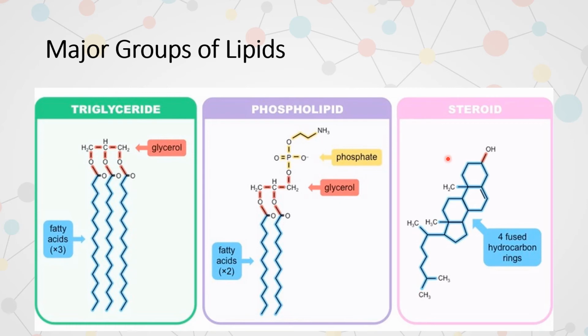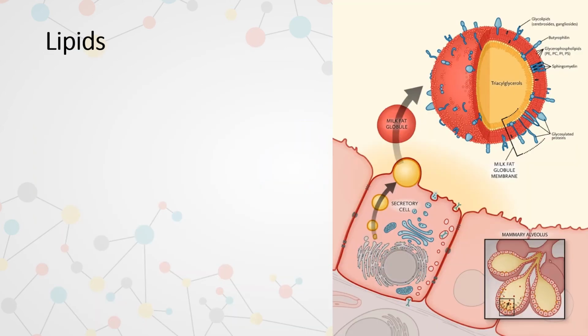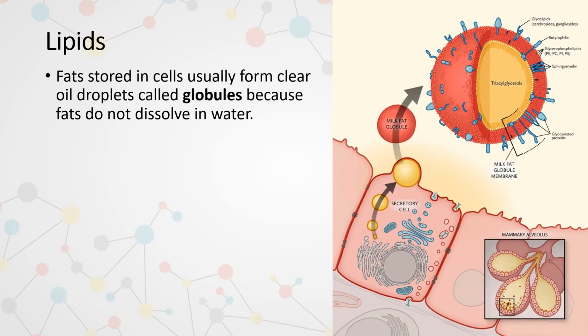Another lipid is what we call the steroid. Steroid is a kind of lipids or fat. Lipids or fats stored in cells usually form clear oil droplets called globules because fats do not dissolve in water. So these fats in our cell, mostly they are non-polar like water.